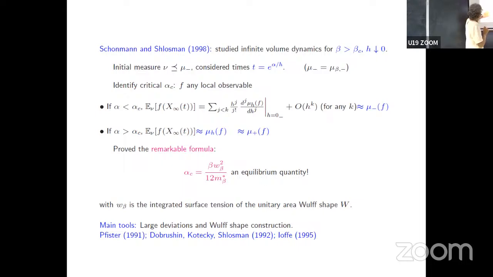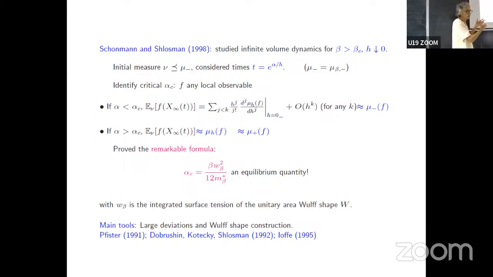Okay, this guy here, omega, is called the integrated surface tension of a Wulff shape. I think my time is short. Maybe I will not describe much, but I should give at least two words. What does it mean? The first message is that there is a huge difference between taking an alpha smaller than alpha critical or larger, because this is e to the alpha over h.